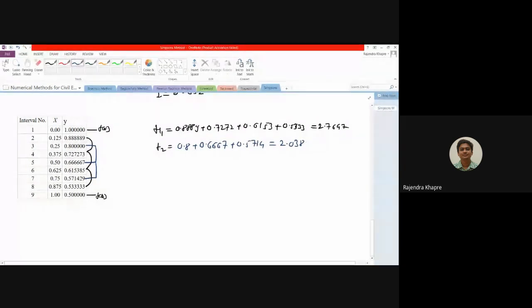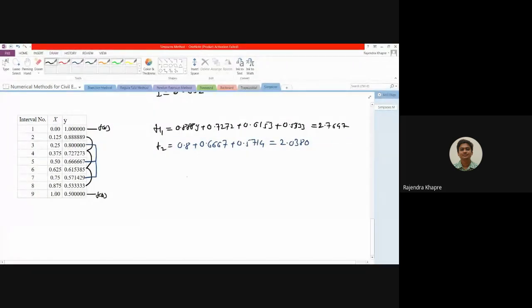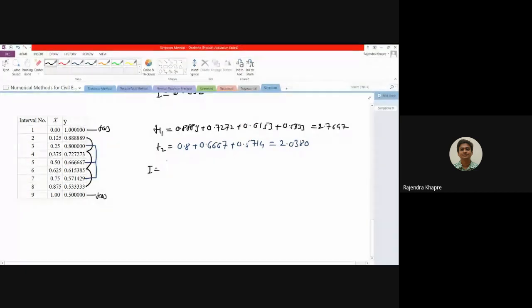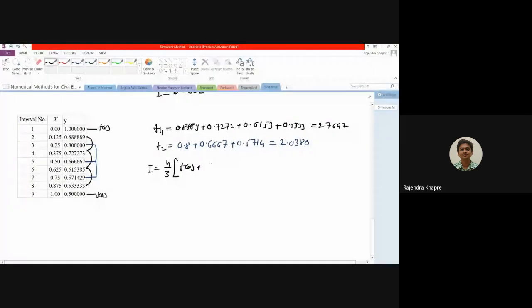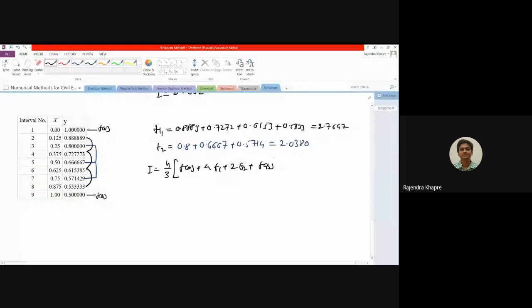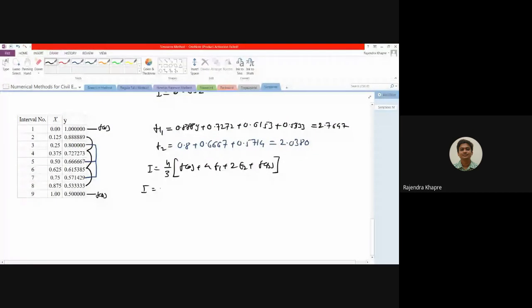Fine. So with the help of Simpson's method, you can get the value of I as h by 3 into f of a plus 4 times t1 plus 2 times t2 plus f of b. Here h is the distance between two consecutive values of x.